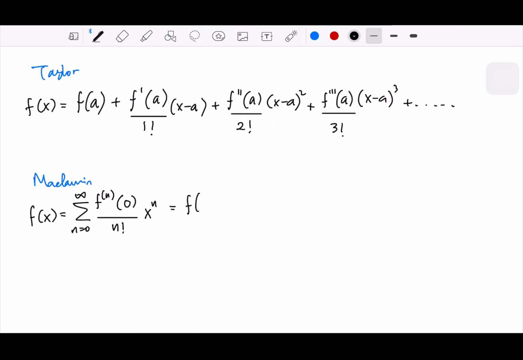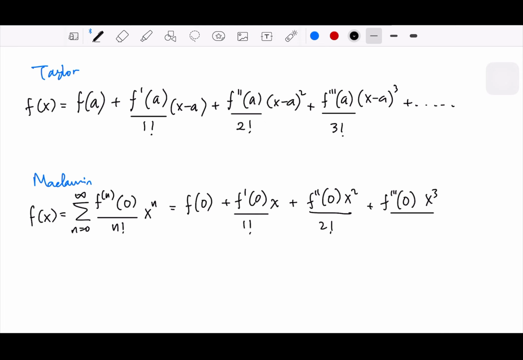This will be f of 0 plus f prime 0 x over 1 factorial, plus and so on, up to 3 factorial and plus dot dot dot.